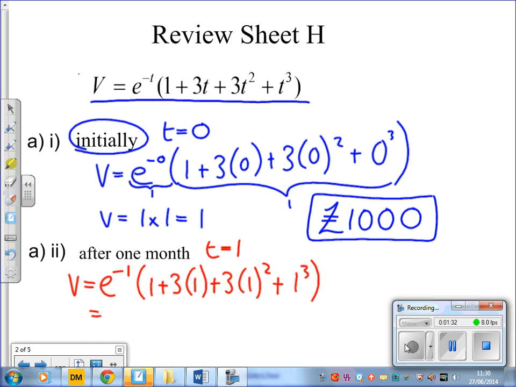The answer you get then is 2.943. Remember again, that's in thousands of pounds, so the answer is 2,943.